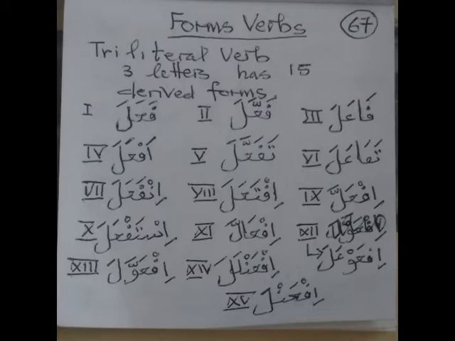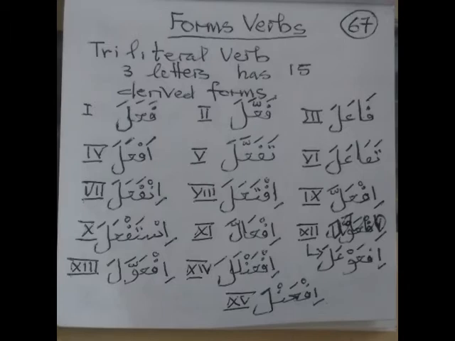Now, you will hardly come across many of these. What will be very common will be number 1, number 2, number 3, number 4, and perhaps number 5, and number 6, and number 7, number 8, and perhaps number 9 and number 10. And you will hardly come across number 11, number 12, number 13, number 14, and number 15.